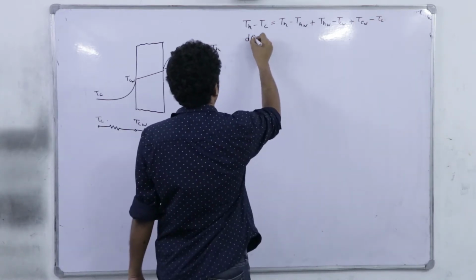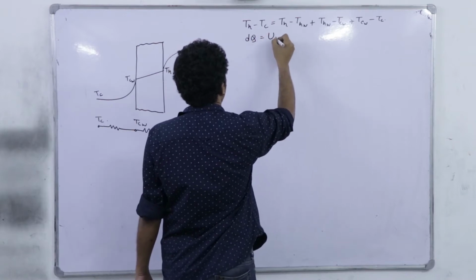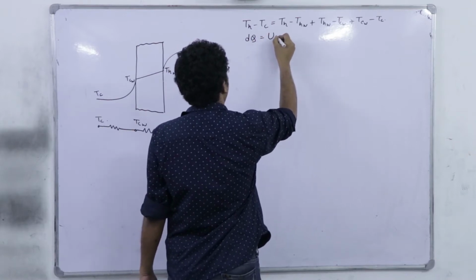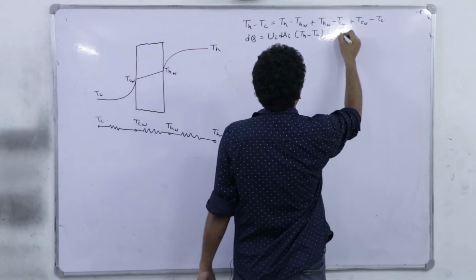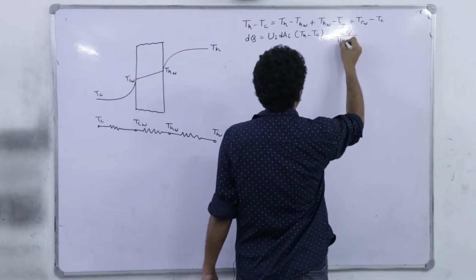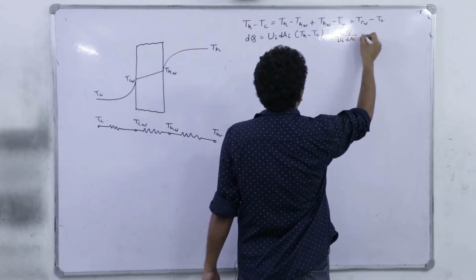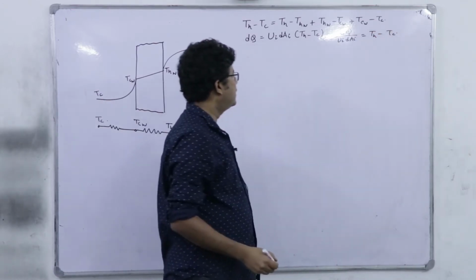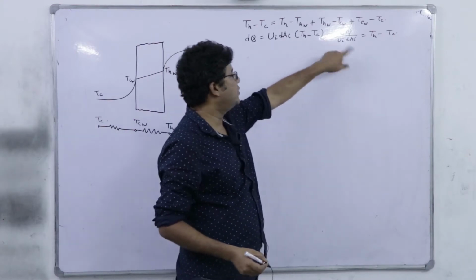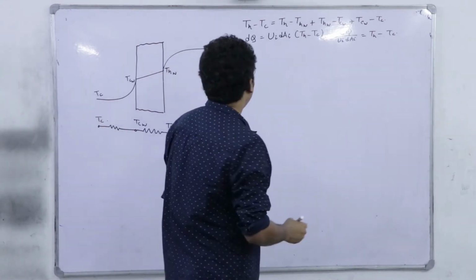And you know that dQ is equal to U, let us go for UI dAI into TH minus TC. So, obviously dQ divided by UI dAI will be TH minus TC, right. Similarly, we can write also as dQ divided by UO dAO.